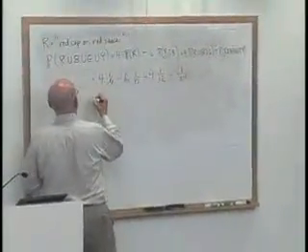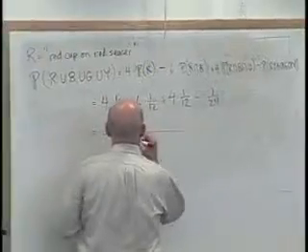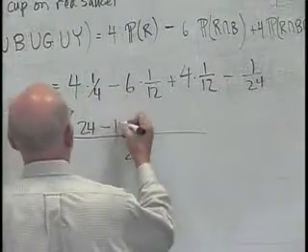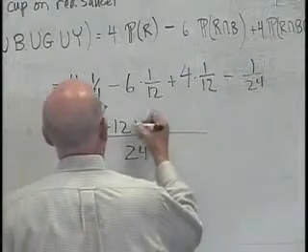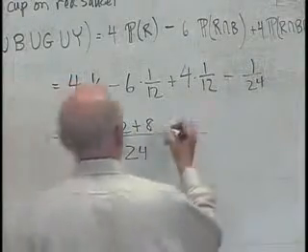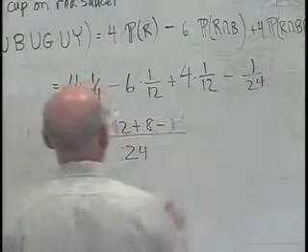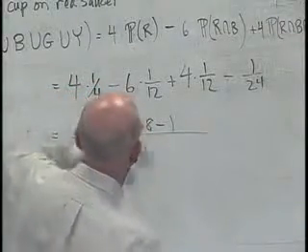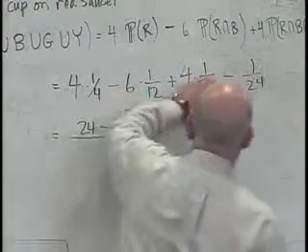So, with a common denominator of 24, I have 24 24ths minus 12 24ths plus 8 24ths minus 1 24th. Didn't come out right. What did I do? Oh, that should be 1/24th.